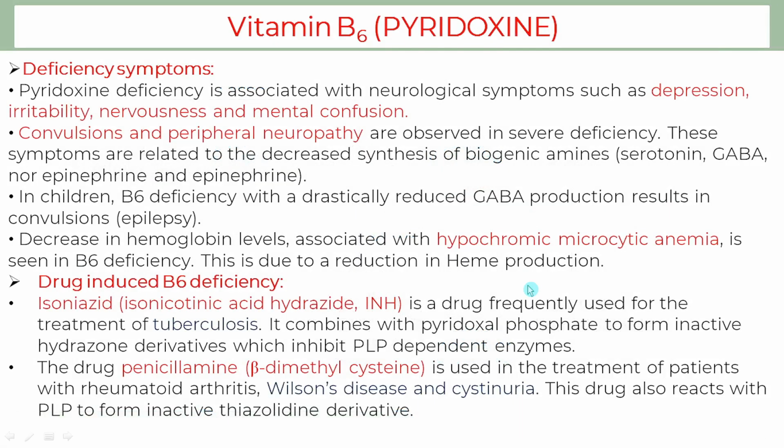So there we go. Vitamin B6 deficiency causes depression, irritability and mental confusion. Convulsions are observed in severe deficiency. These are related to the decreased synthesis of GABA.